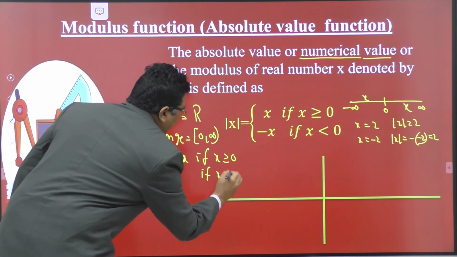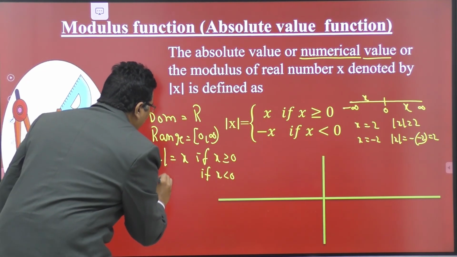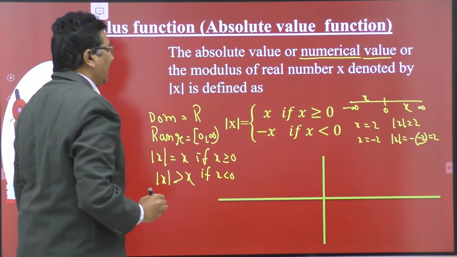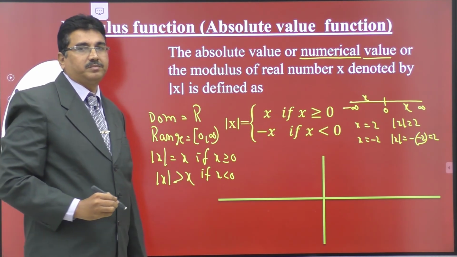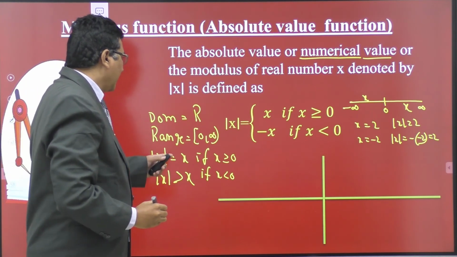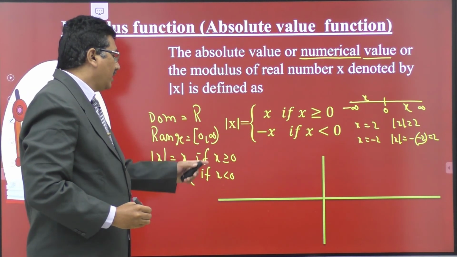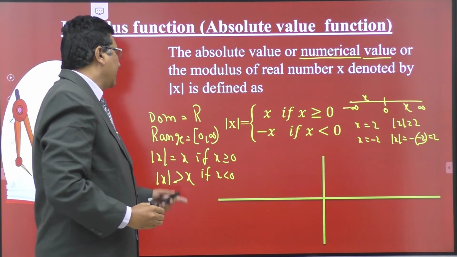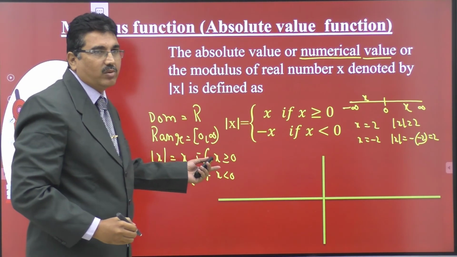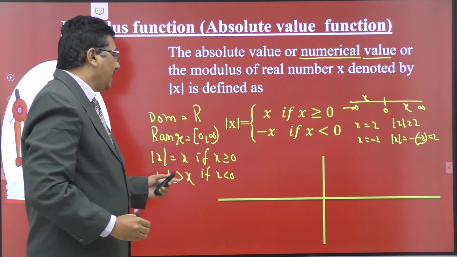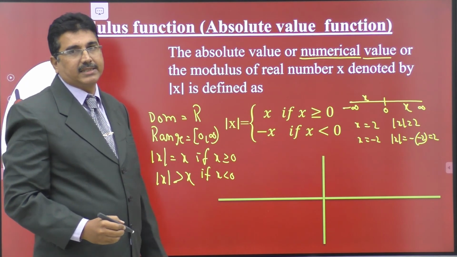From this we conclude one more point: mod x is equal to x if x is greater than or equal to 0. If x is less than 0, mod x is greater than x. So mod x is always greater than or equal to x.